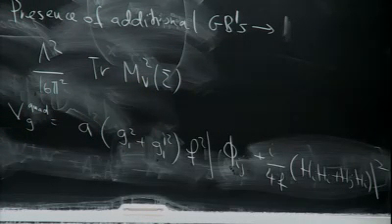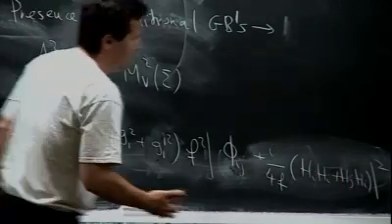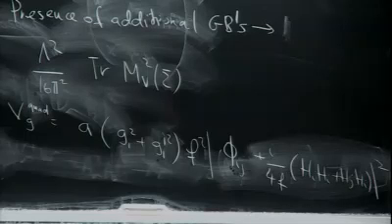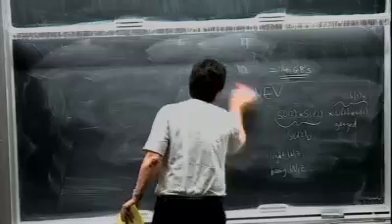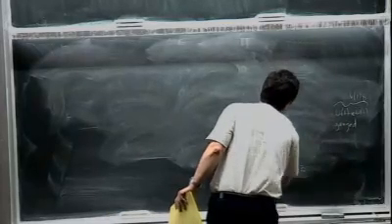But this is not all, because there's a second term coming from the second SU2 group, and that will have a very similar structure, except there will be some slight crucial differences. There will be a different sign showing up.